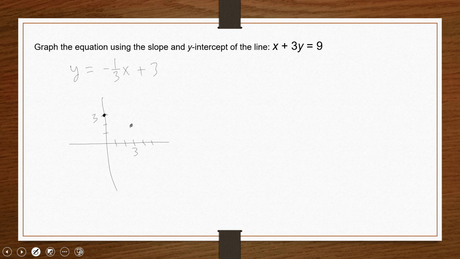If I go down 1 more unit to 1 and then right 3 units, I'll be somewhere around here. And so now we can infer our line. So there's another example. If we start in some standard form, you can rearrange to solve for y before using the graphing techniques that we discussed.